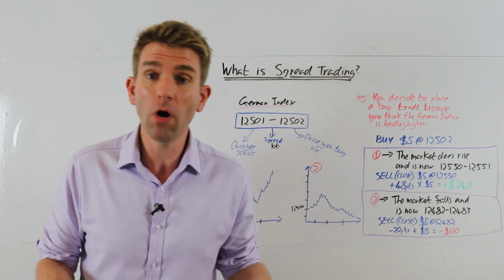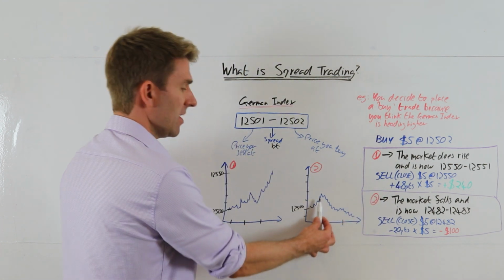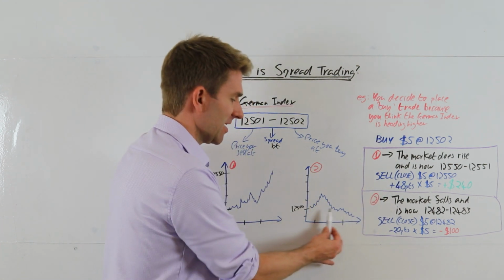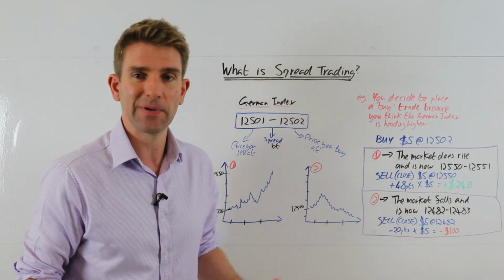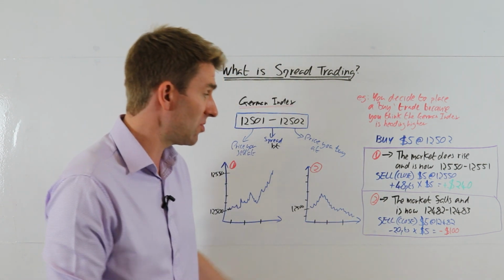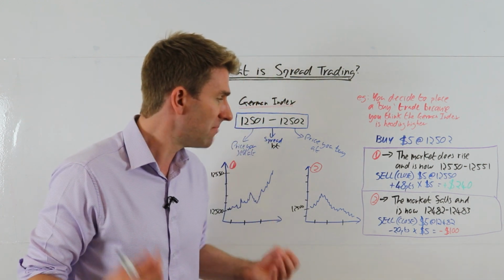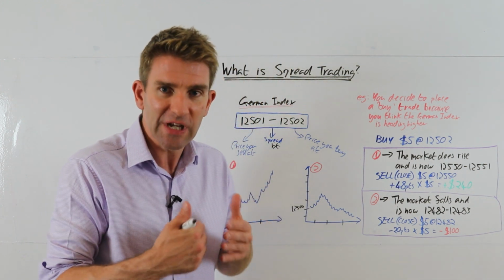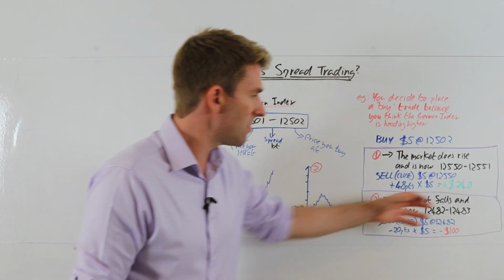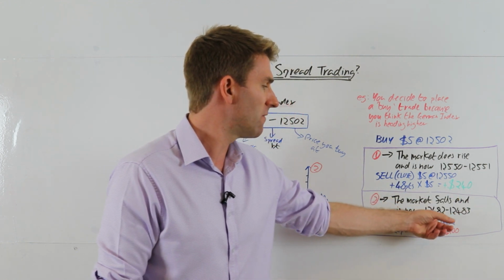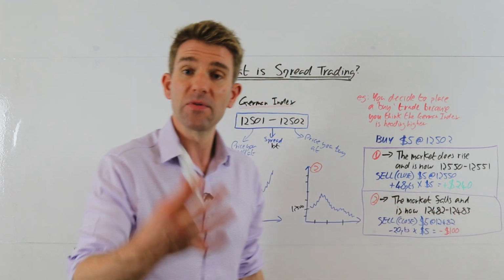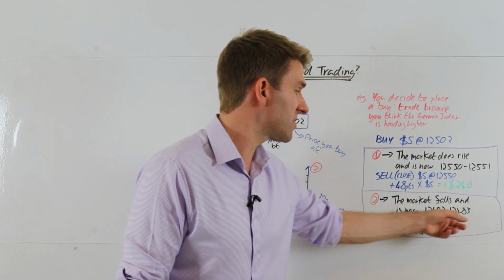Let's say you were wrong as well in this example. Let's say you bought it, it went your way, but then it came back and you held it and it went lower, and you ended up in a loss situation, which happens from time to time, of course. Trading, there's no guaranteed money in it, but we're trying to keep those losers small. So the market falls and is now quoted at 12,482, 12,483. Remember scenario here, that's our sell price, that's our buy price.